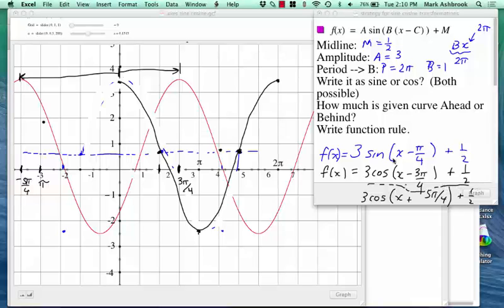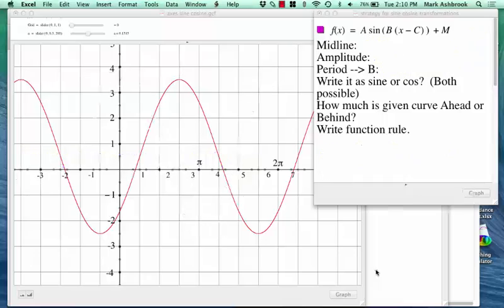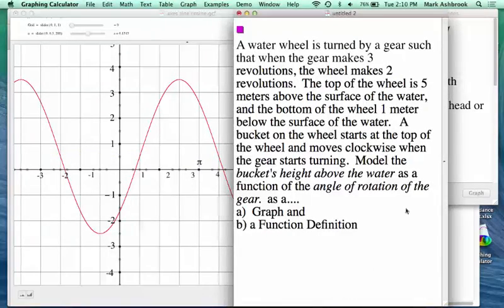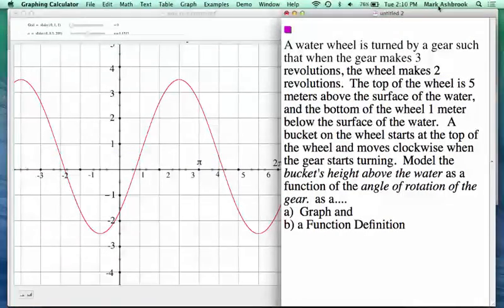Because you could start with this other cycle over here and say, oh, this is starting way earlier than this one. Actually, 5 pi over 4 earlier than a typical cosine. So its angle is 5 pi over 4 ahead. Anybody have a question? Okay, so now I'm going to give you a situation, and you have to come up with the graph, and then the function definition.